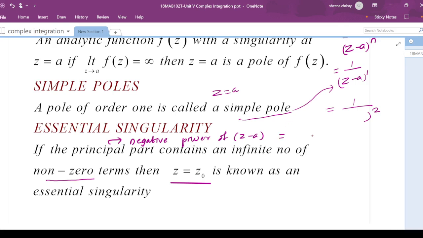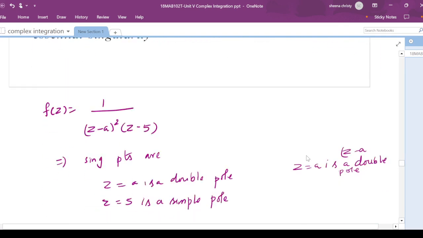So this means z minus a to the power minus n, when n is infinity. Here negative powers are infinite in number, so z equal to a is an essential singular point.